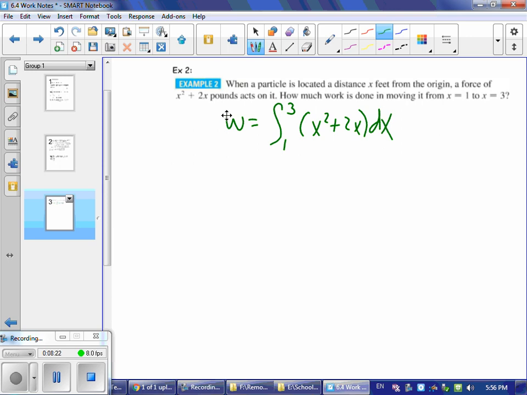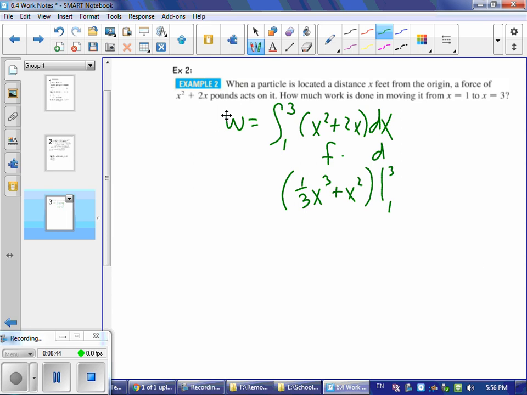Okay, this should be relatively simple. This was your force, the dx is your distance. So let's integrate: 1/3 x cubed plus x squared from 1 to 3.